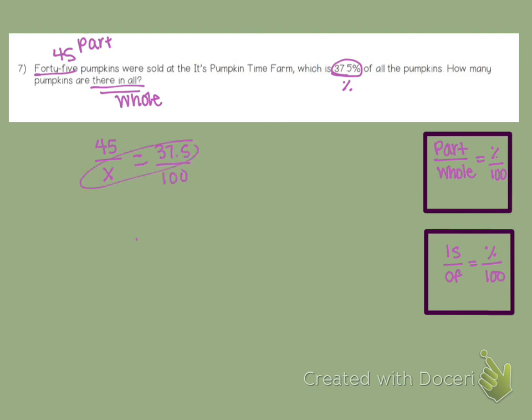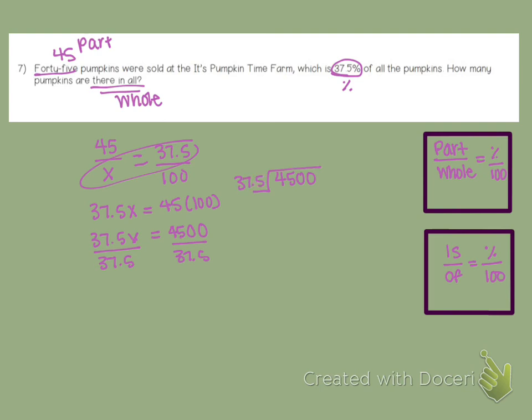So we're going to cross multiply. 37.5x equals 45 times 100. 37.5x equals 45 times 100 is 4,500. And then our last step here is to divide by 37.5. Okay, so when we set this up, 4,500 divided by 37.5.